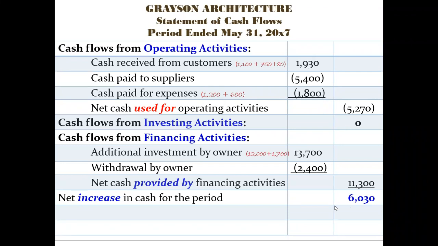And we are seeing here that when we looked at the operating activities, there was a net outflow of 5,270. And for financing activities, net inflow 11,300. So overall, the net effect is an inflow increase of 6,030.